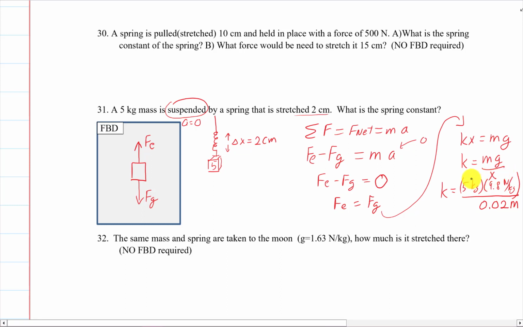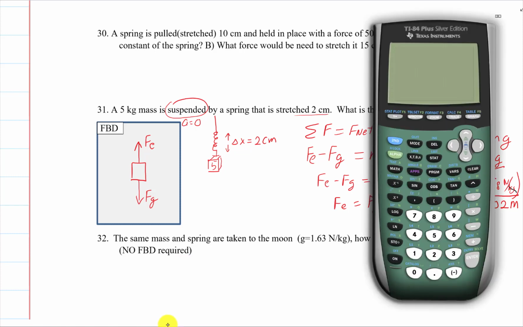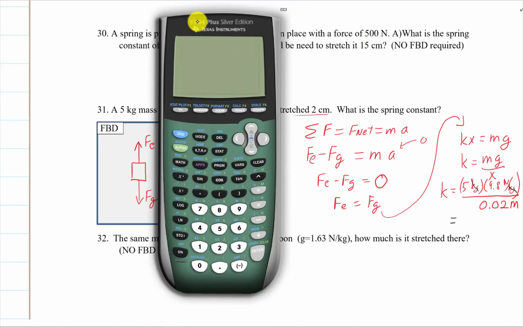The kilograms cancel the kilograms there, and we're going to end up with newtons per meter, and that's what we want. And Mr. Calculator, well, let's go 5 times 9.8 divided by 0.02, and we get a spring constant of 2,450 newtons per meter.